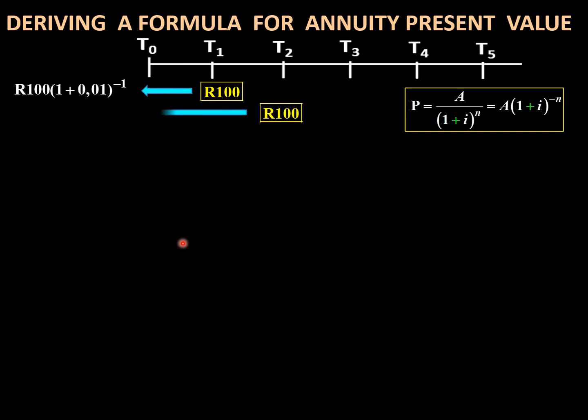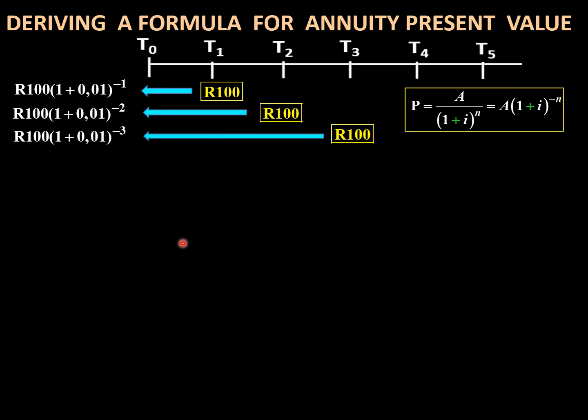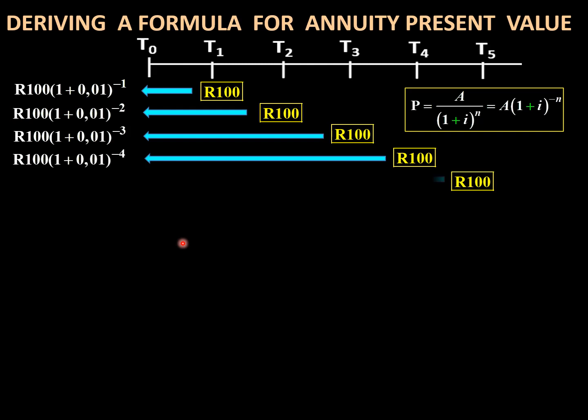The second payment, if I bring it to the present, it will be that amount there. And the third payment, I bring it to the present, it will be that amount there. And the fourth one, I bring it to the present, it will be that amount. And the last withdrawal, if I find the present value of that last withdrawal, is going to be this amount there.